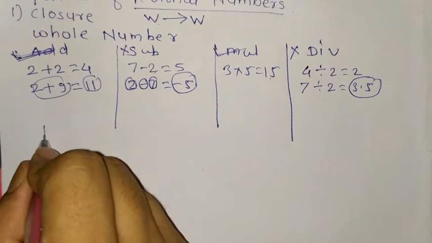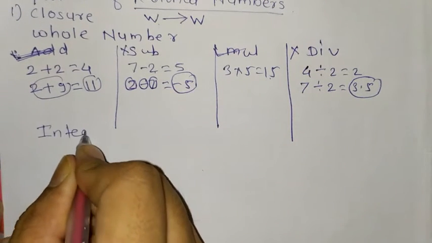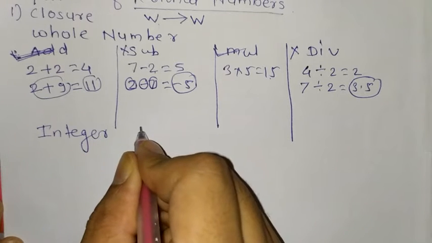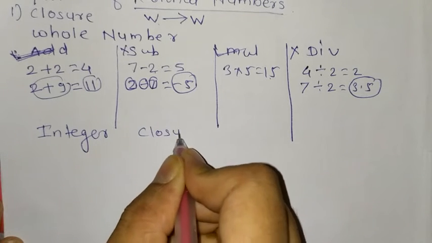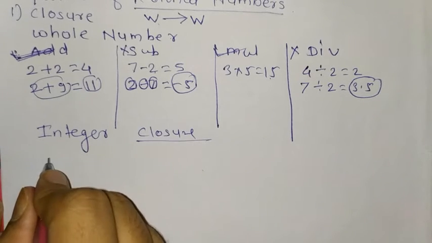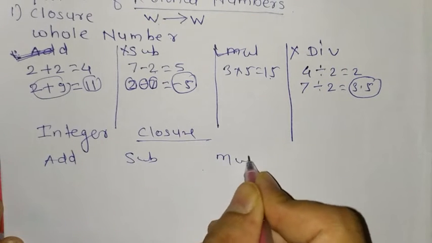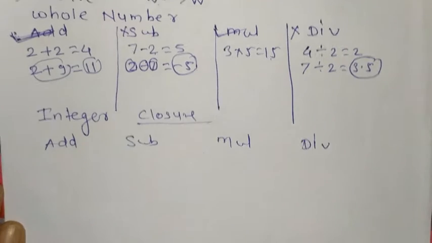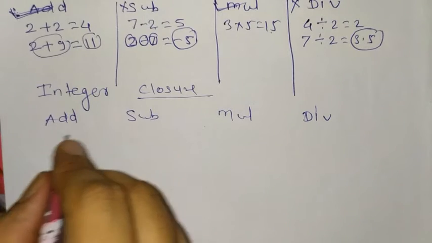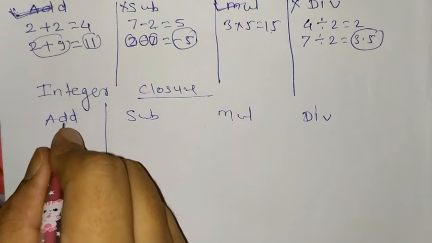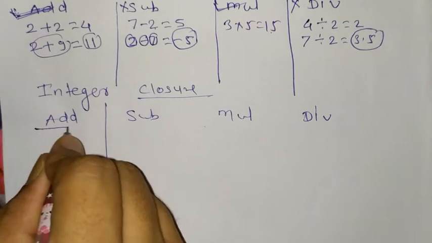Next one is integers. We will see the same closure property. Now we will take addition, subtraction, multiplication and division. What happens for integers? Addition is satisfied.